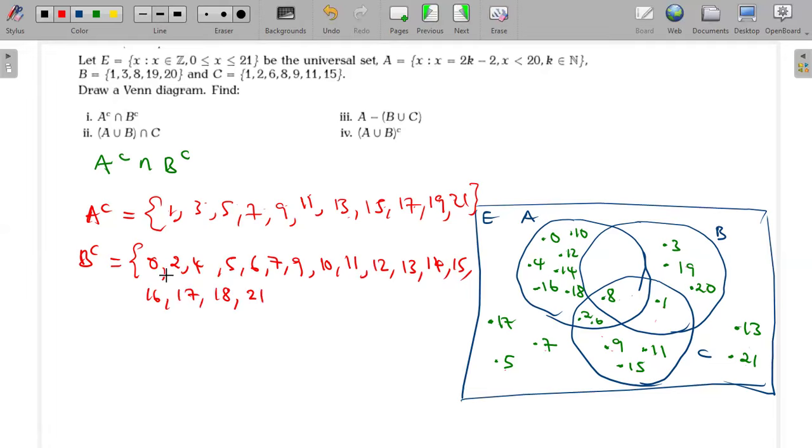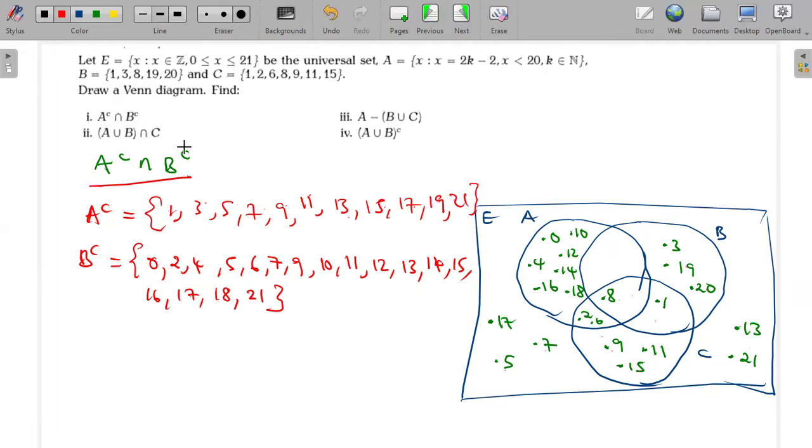Yeah, so we have 0, 2, and then 4, 5, all the way, then we remove just 19 and 20. So the elements that we should remove from the universal set are 1, 3, 19, and 20. Okay, so this here is going to be in the complement.